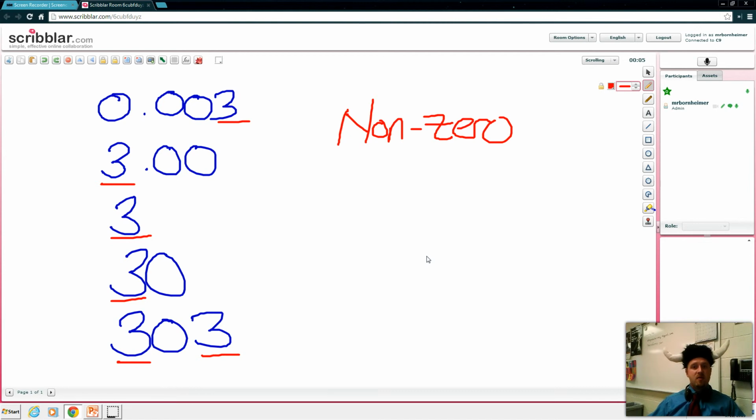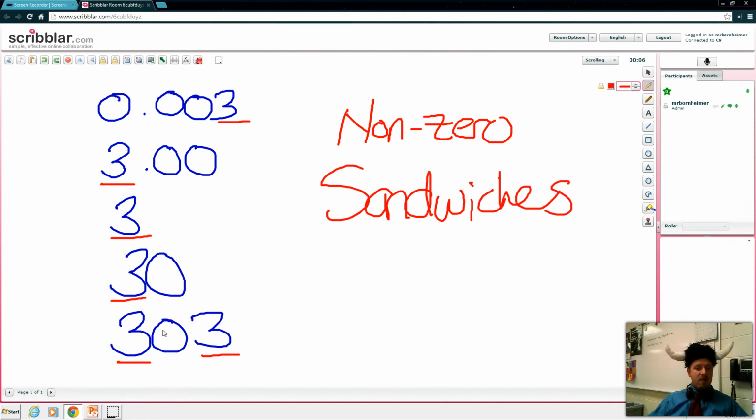First of all, if you have a 0 that's caught between 2 significant digits or non-zero numbers, it is significant. I like to call these sandwiches. This 0 here would be a sandwich, so we're going to go ahead and underline it as being significant.